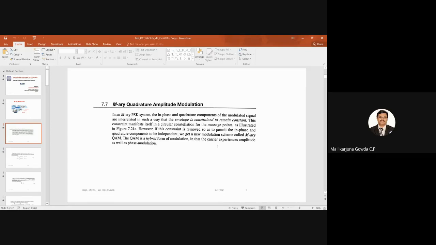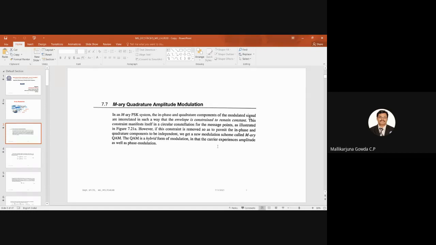The in-phase and quadrature components of the modulated signal are interrelated in such a way that the envelope remains constant. Envelope means amplitude remains constant. Only the phase of the carrier is varied, the other two parameters are kept constant.